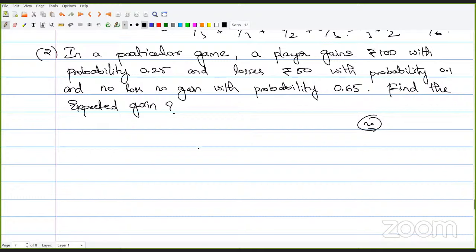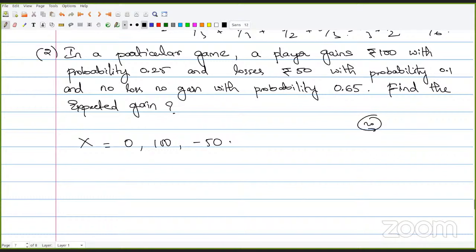Okay. So let X be the random variable which denotes the player's gain or loss or no gain no loss. So X takes 0, which means no gain no loss, or X takes 100, or X takes minus 50. If he loses, he has to pay.